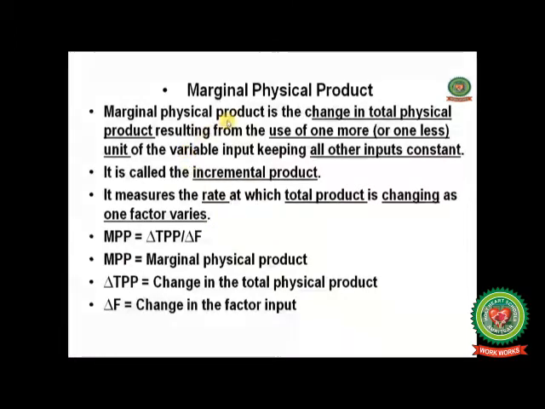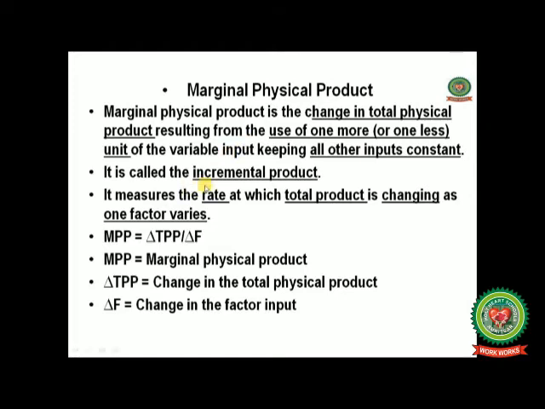So marginal physical product, which is the same as the marginal product, is the change in the total physical product that is the result of the use of one more or less unit of the variable factor, that is labor, and keeping all the inputs constant. Constant inputs means raw material remains the same, transport cost remains the same, entrepreneur remains the same.